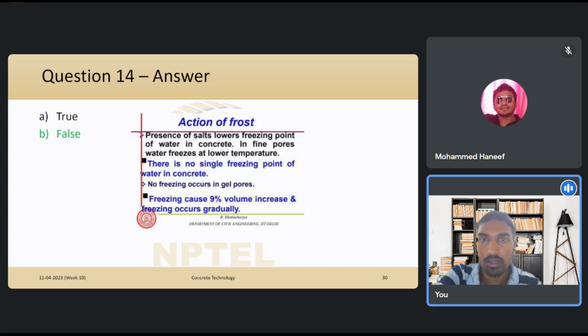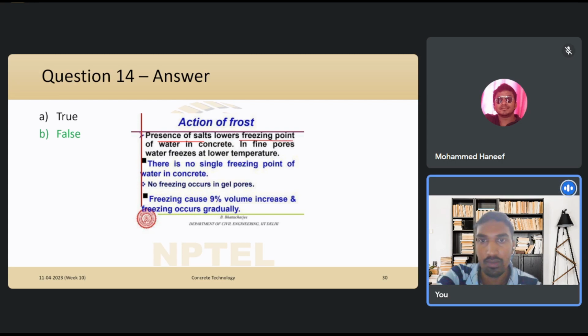And even within the capillary pores, it is not all the capillary pores that will freeze at the same time. So the freezing, even in the capillary pores, will be occurring at different temperatures, right? Why? There are different reasons. When you have the presence of salts, your freezing point will go down, right?